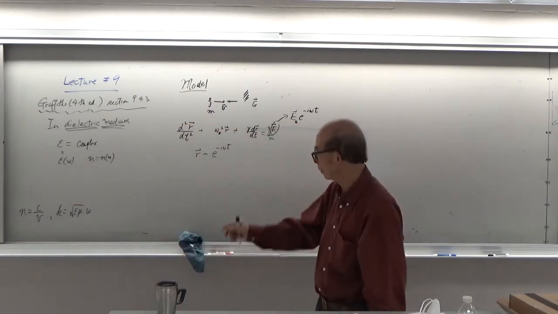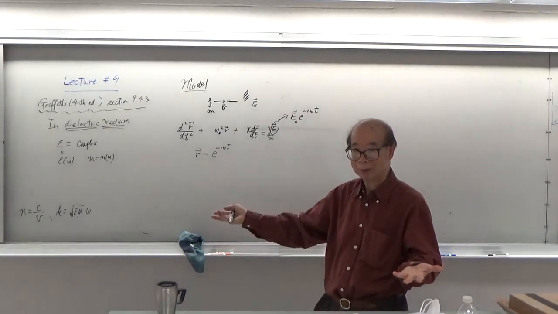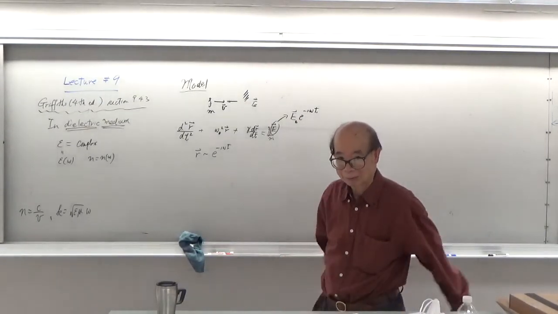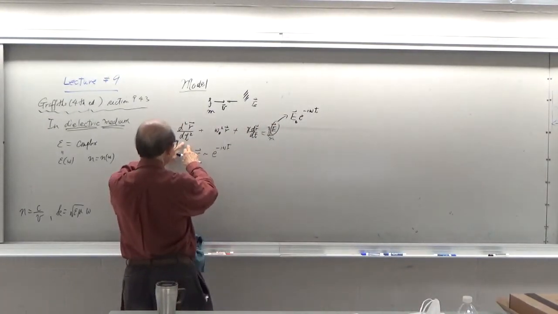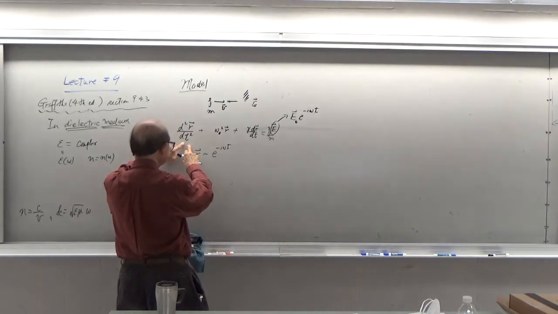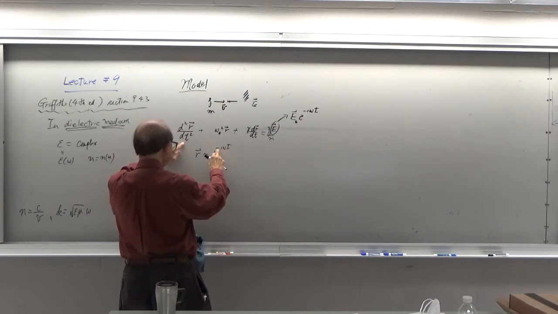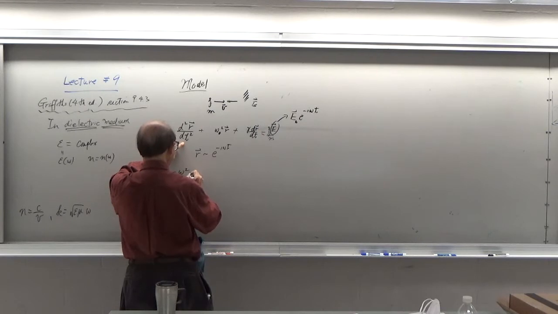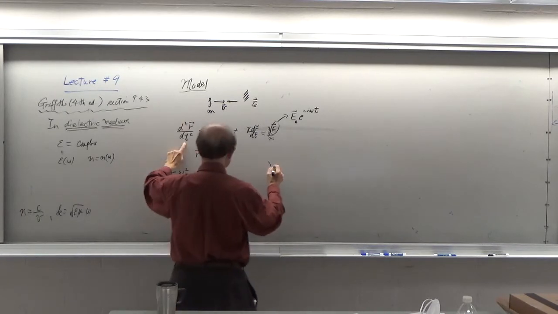So this will become a simple algebraic equation. You don't even have to solve the differential equation. All right, so let's do that. Here, you have to take the derivative twice. Each time brings down a factor of minus i omega, so that minus minus cancel, i squared is minus, so minus omega squared times r.